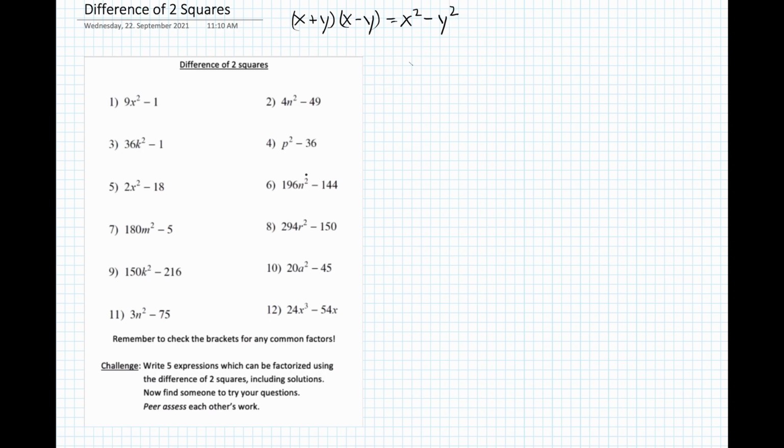So as I said in the video about the binomial formulas, knowing the formulas is not that hard, but you need to be able to recognize when to use it and which one to use.